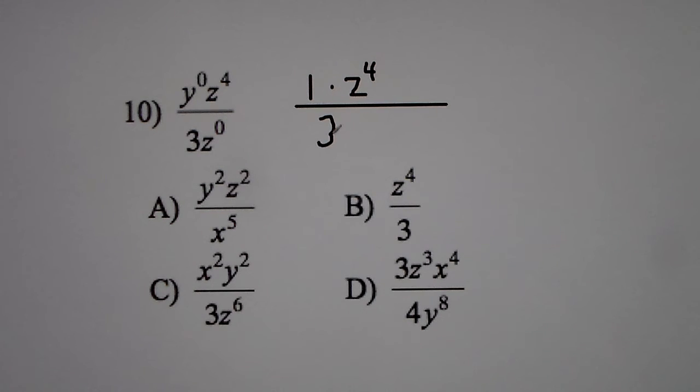And now z to the power of 0, well, that's times 1. Z to the power of 0 is just 1, so 3 times 1 is just 3. So we could erase that times 1. And 1 times z to the 4th, we could erase that one, because 1 times anything is just itself. So we have z to the 4th divided by 3, which is B.